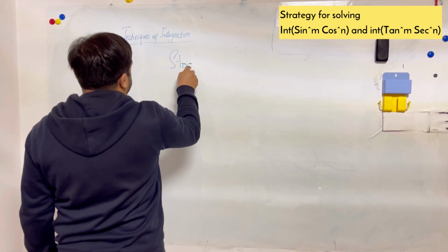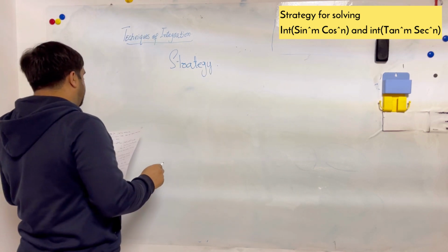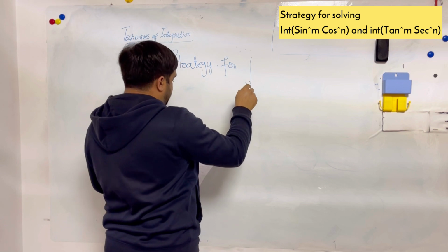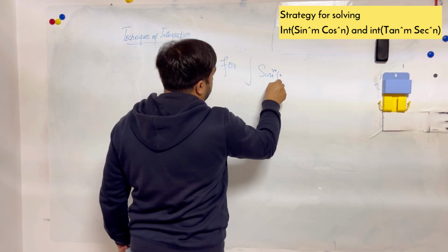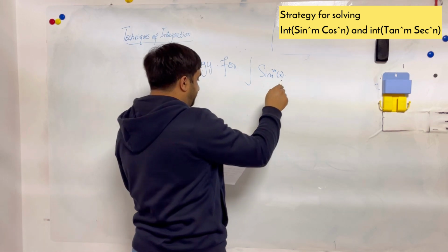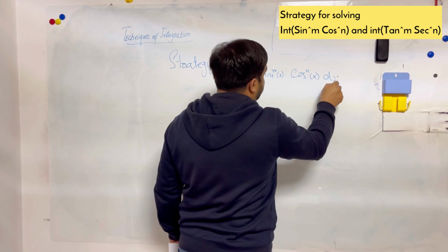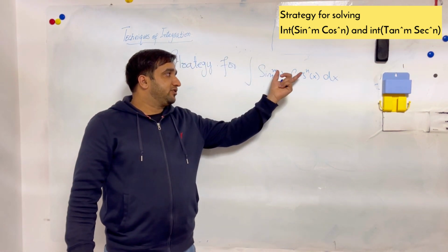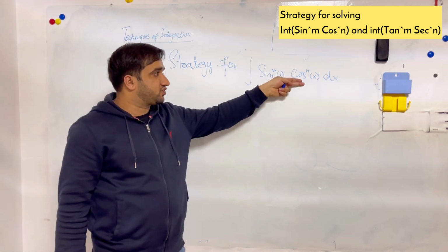Strategy: if you have things in terms of, like this, an integral of a power of sine multiplied with a power of cos, m and n could be the same or they could be different. For example, you can have sine square x, cos square x dx.